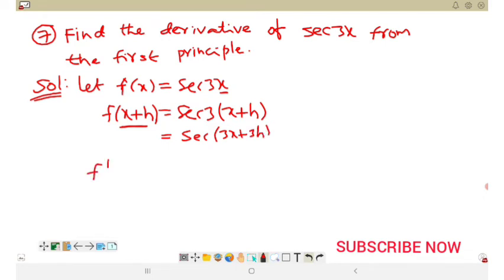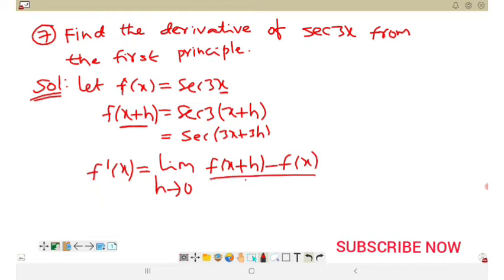The first principle is f dash of x is equal to the limit h tends to 0 of f of x plus h minus f of x by h.